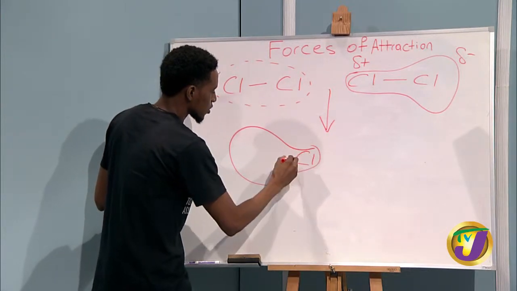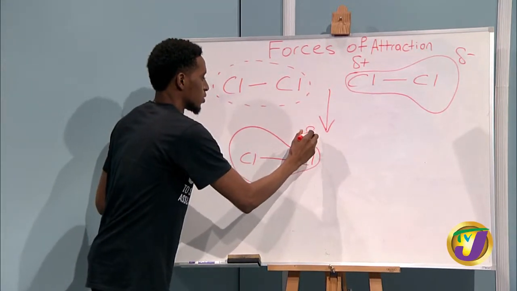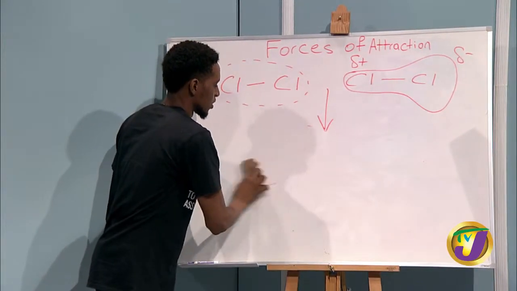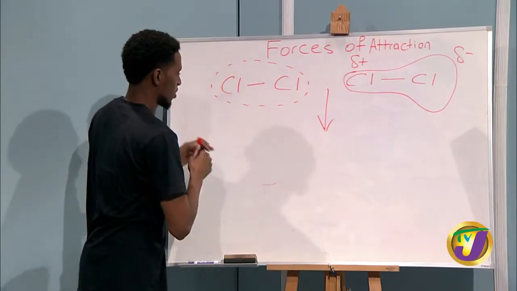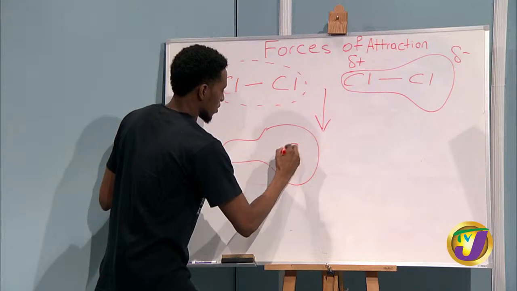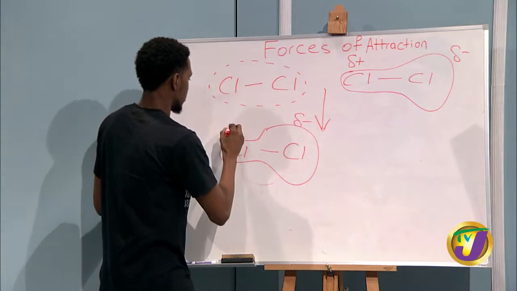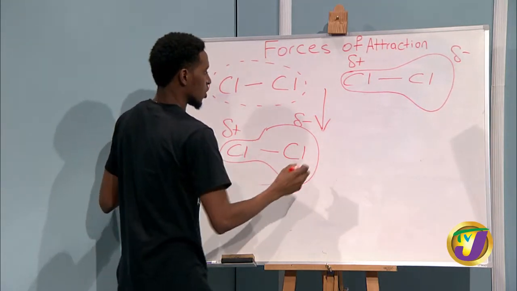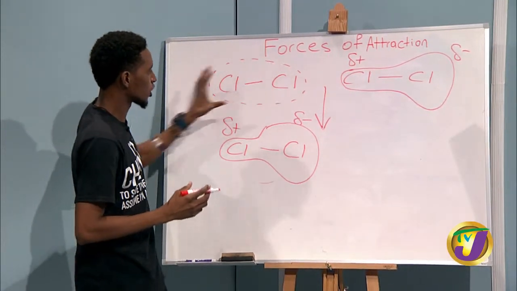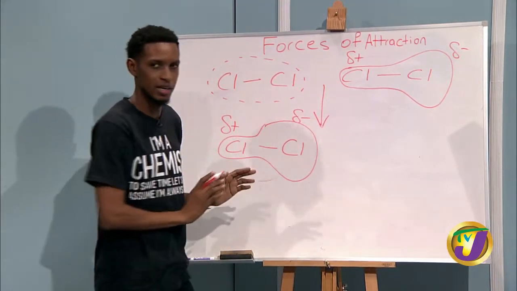So this is the chlorine atom. Sorry, it should be the other way around. So what happens? Chlorine molecule, chlorine molecule. Since this is positively charged, the electrons in this molecule are attracted to that positive charge, and you see a shift in the electron density.